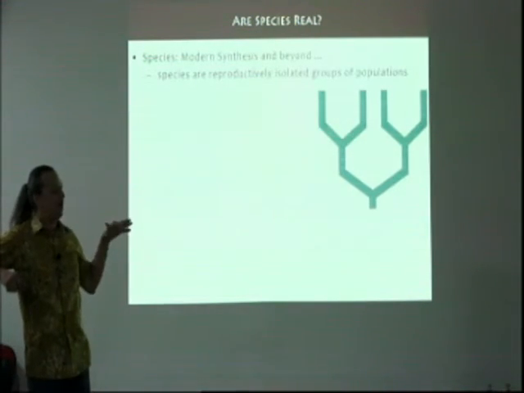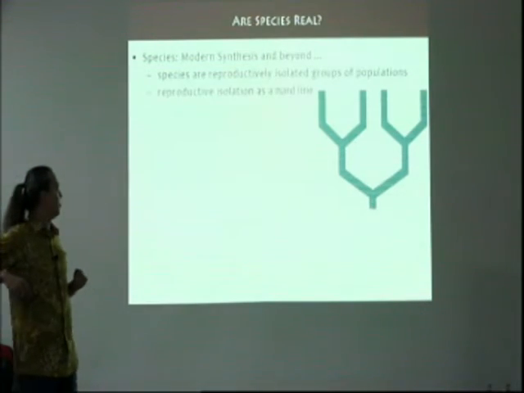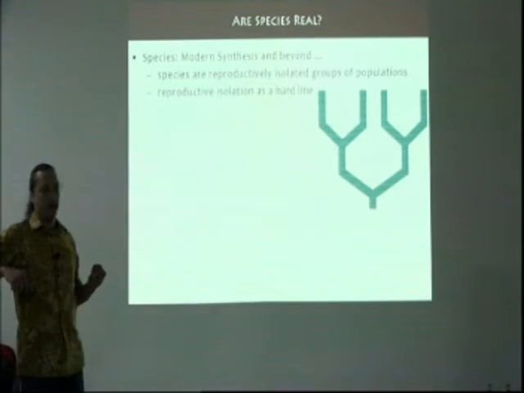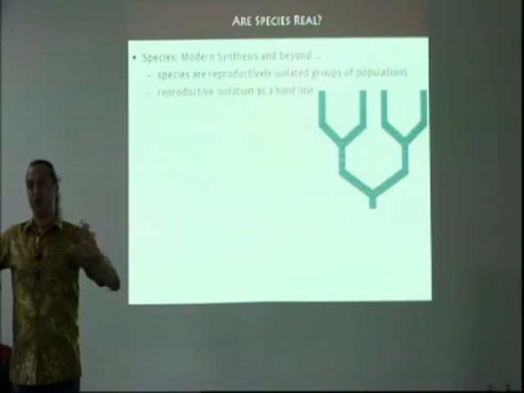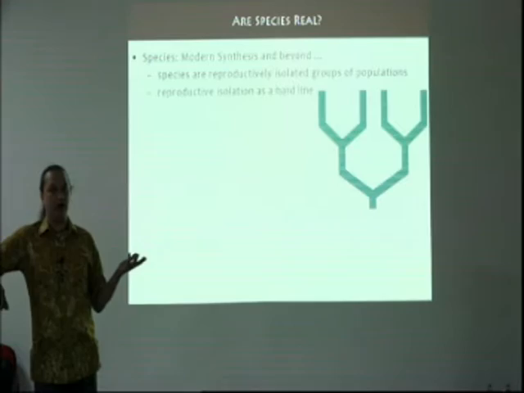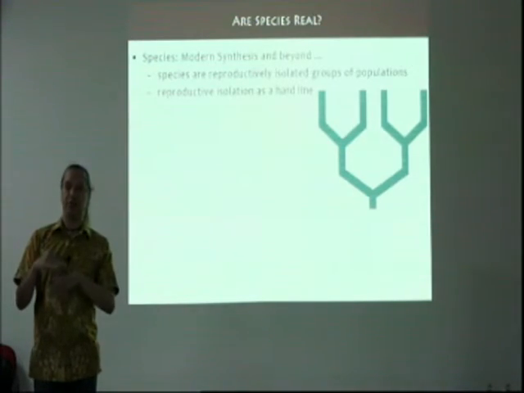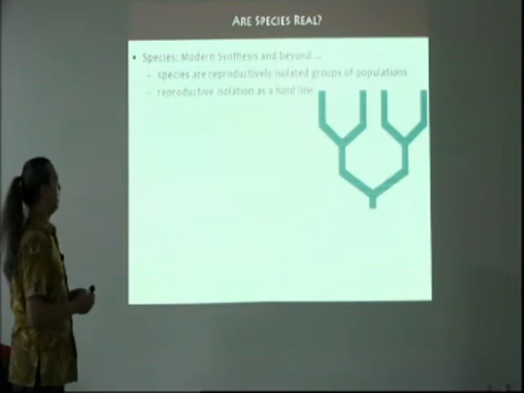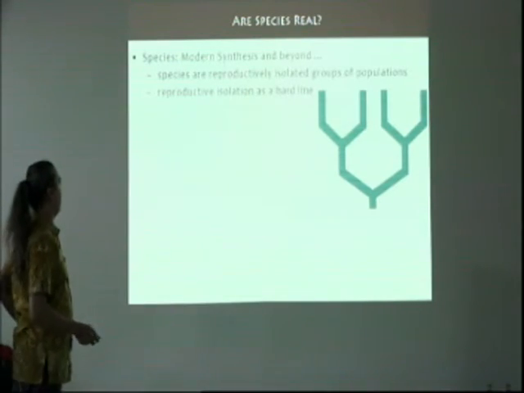The whole idea is that reproductive isolation is a hard line. So, if you have reproductive isolation, you have distinct species. If you do not have reproductive isolation, you have something under a species category, under that taxonomic level.